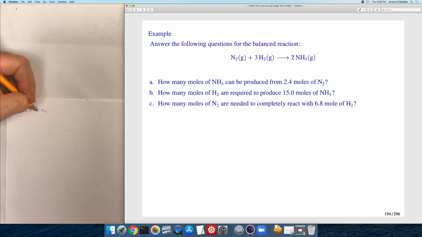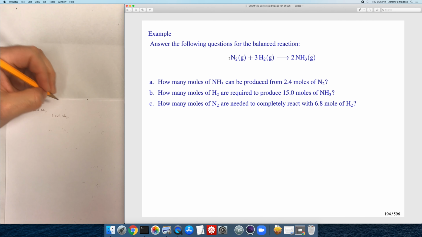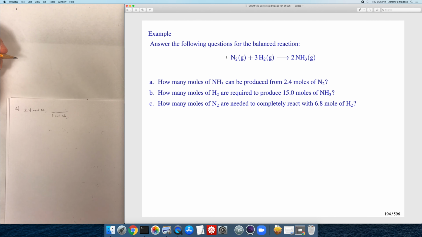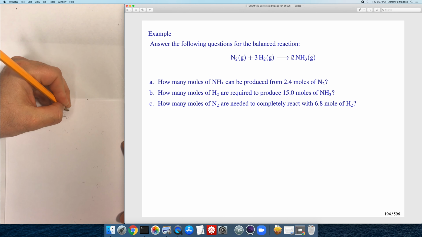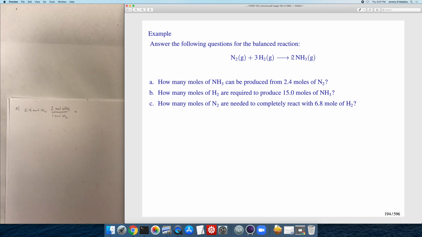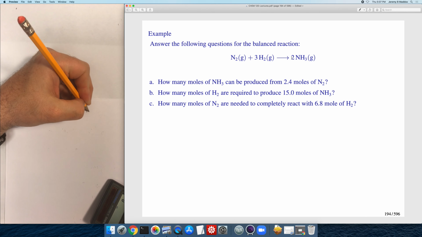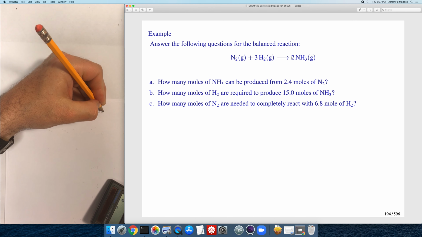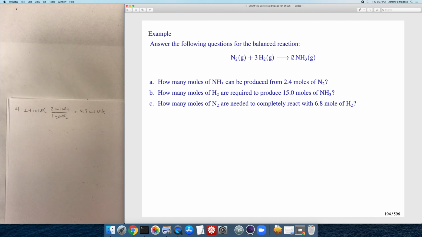Now we want the nitrogen to cancel out, so we're going to put 1 mole of nitrogen on the bottom. I'm using 1 mole because the stoichiometric coefficient is 1 for nitrogen. The stoichiometric coefficient for ammonia is 2, so I'll have 2 moles of NH3 in the numerator. And so I simply need to double this number. You see that the moles of nitrogen cancel out, and we'll be left with moles of ammonia.